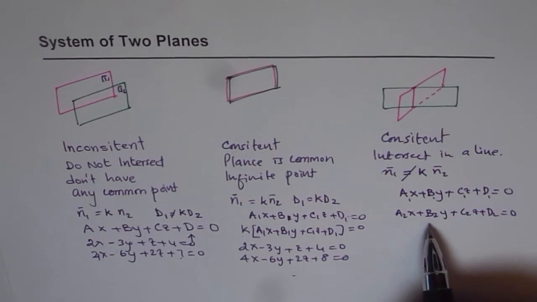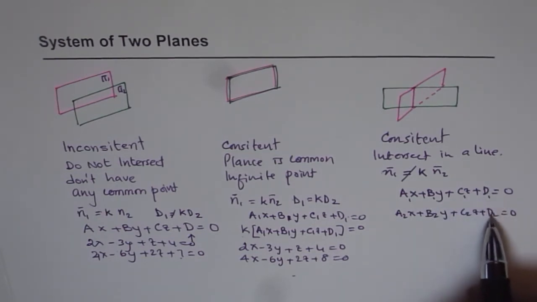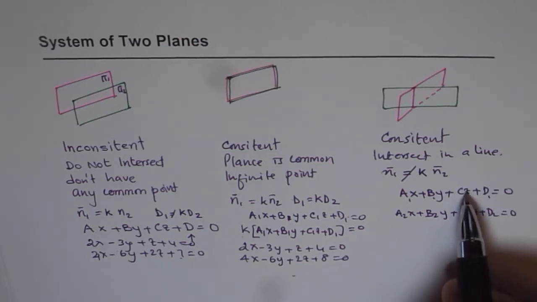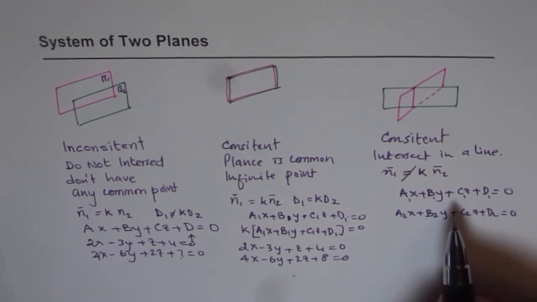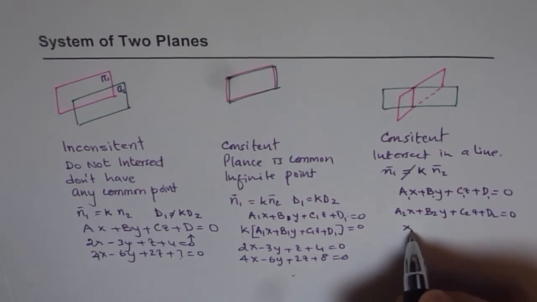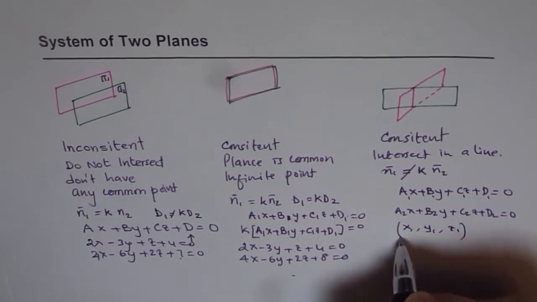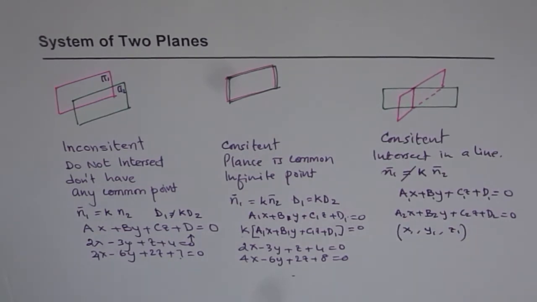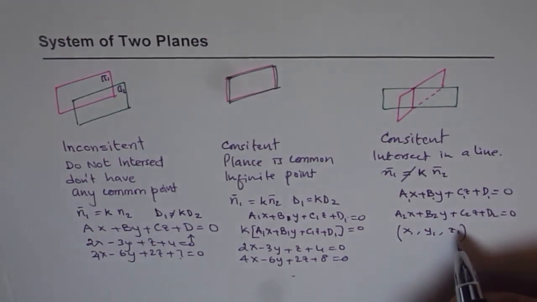When we are trying to find the point of intersection, the D's are known to us, these are the constants, but we don't know at which point x, y, and z they are going to intersect. The constants are all known to us, the capital letters. But what we're trying to find is x1, y1, z1. We are trying to find that set of points which will give us the intersection of the planes.